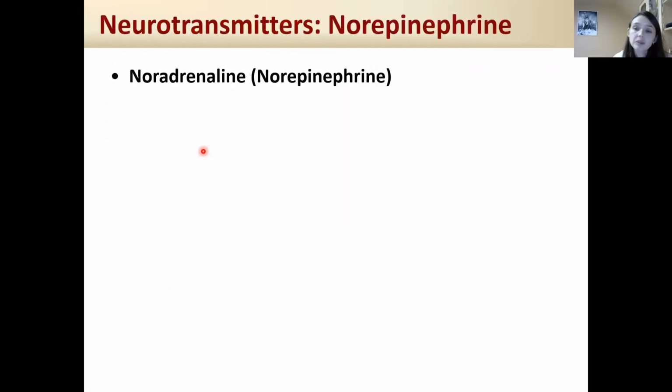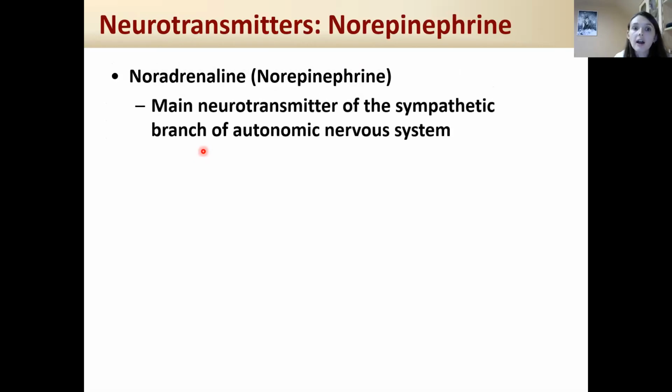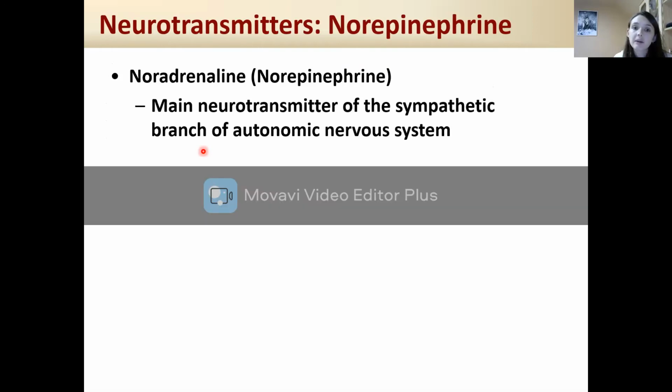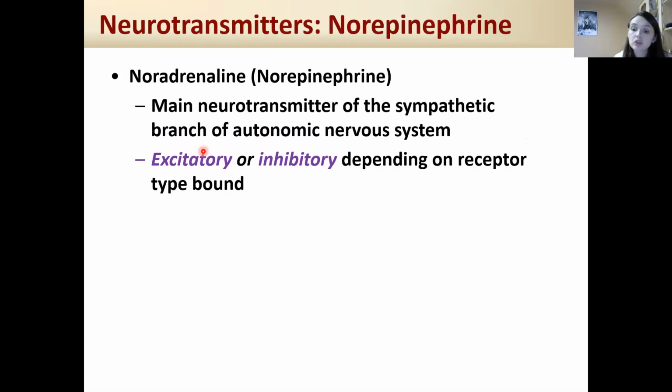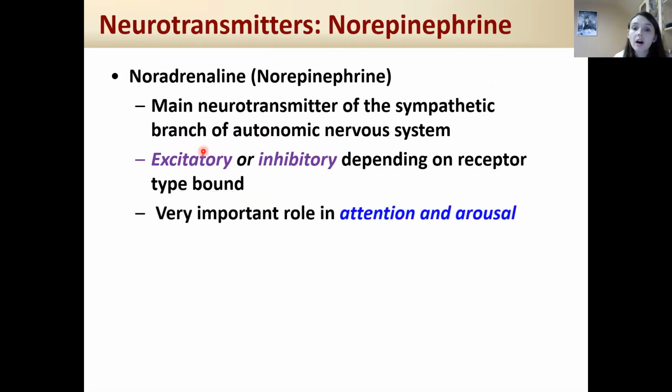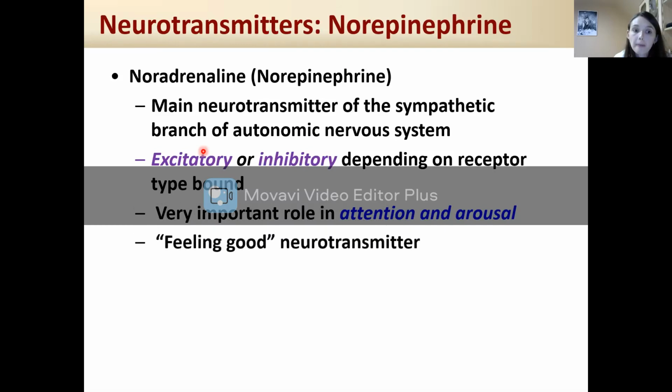The next neurotransmitter which we are going to discuss is norepinephrine, or another name, noradrenaline. It is the main neurotransmitter of the sympathetic branch of the autonomic nervous system. This neurotransmitter has an excitatory or inhibitory effect depending on the receptors to which it is bound. It is also a neurotransmitter in the central nervous system responsible for attention and arousal, and as a result the person is going to have really good feelings of pleasure.